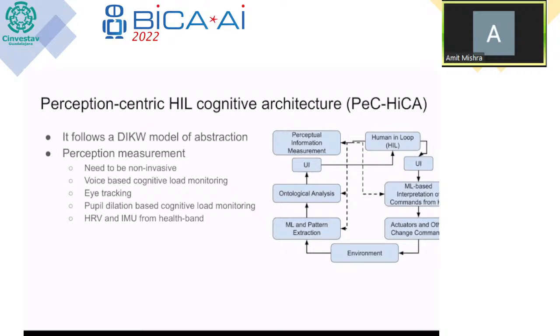So they can be used as the part which takes the data and creates information. Then we are using ontological analysis so that we are creating knowledge, or abstract meta information, from the information that is generated by the machine learning layers. And those knowledge labels are presented to the human in loop through the user interface.